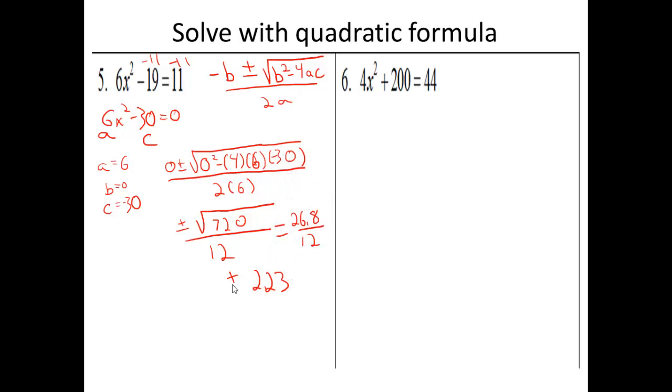Now again, this is plus or minus 2.23. So our answer, we should write it as x is equal to 2.23, and x is also equal to a negative 2.23.